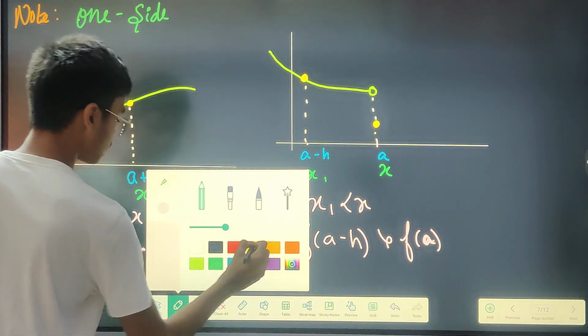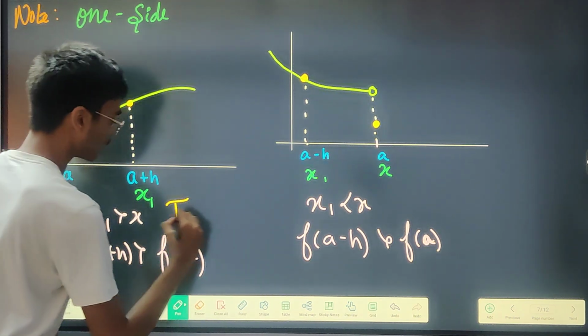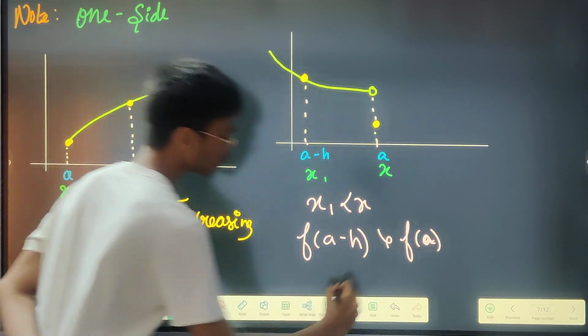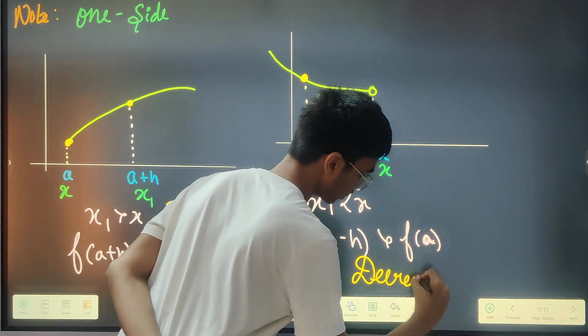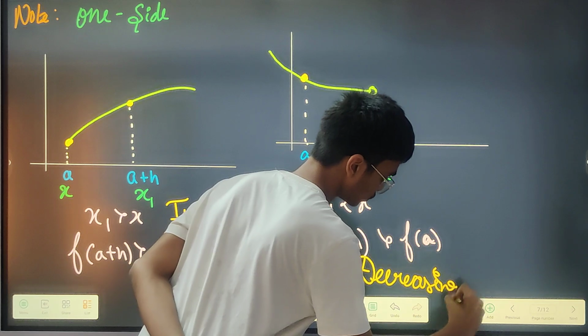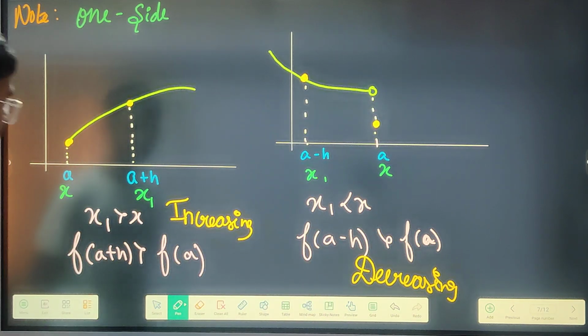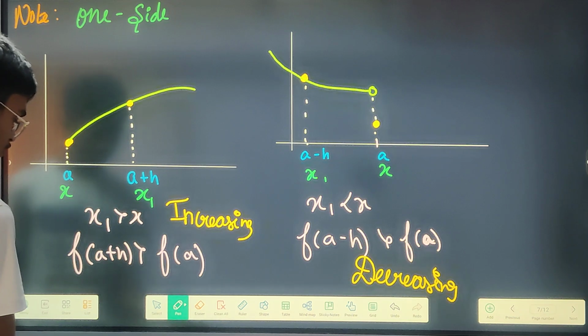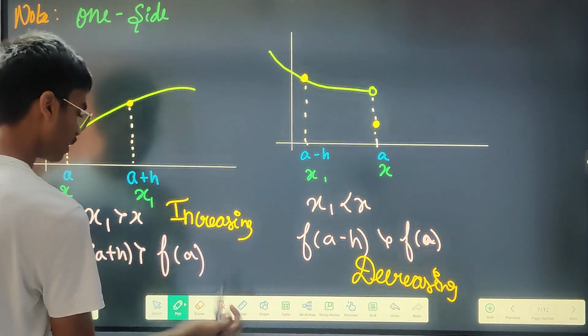So in this case, this condition you will have to check, then it is increasing, and then here it is decreasing.